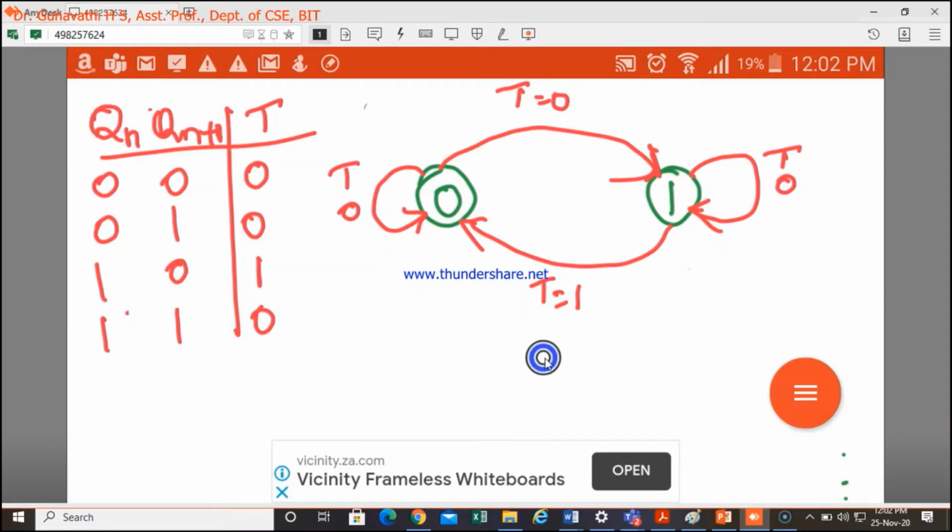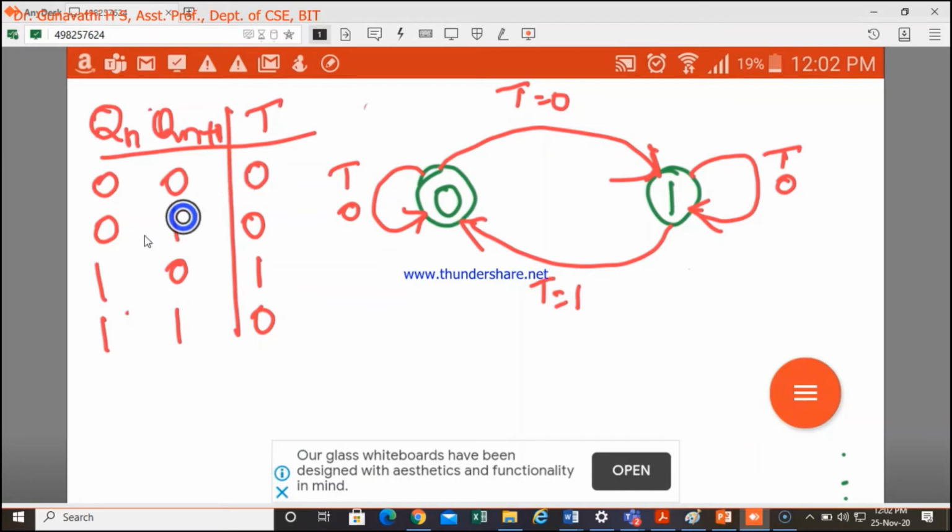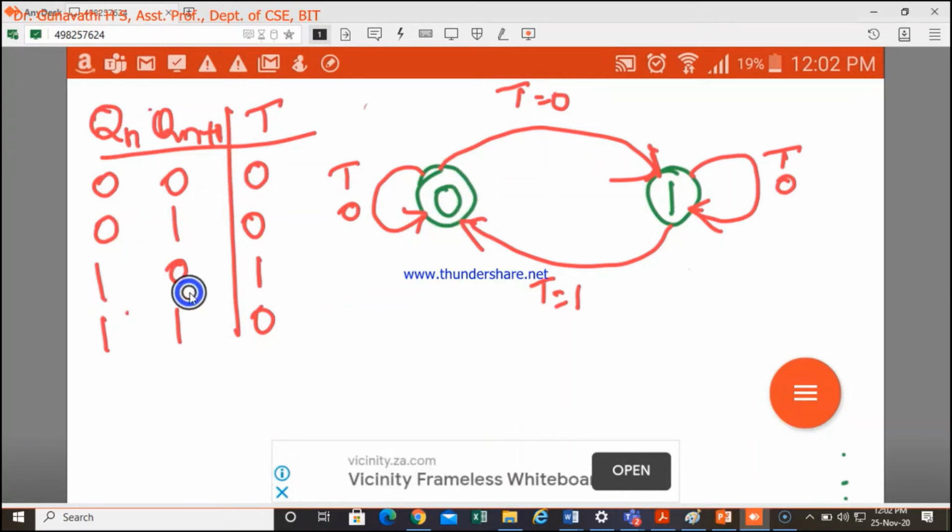I think somewhere it's wrong. So this is the excitation table of the T flip-flop.